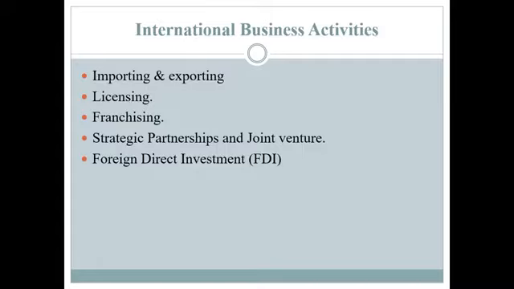Then foreign direct investment, commonly known by its abbreviation FDI. What is it? Foreign direct investment means some of the companies make physical investment such as into buildings and other facilities in foreign countries, and act as a domestic business with full scale of activity.